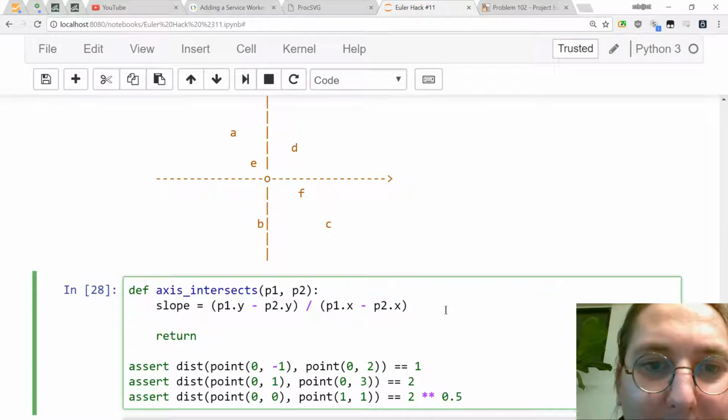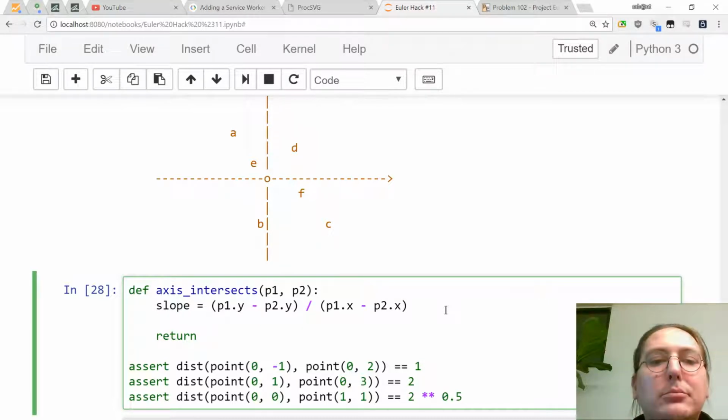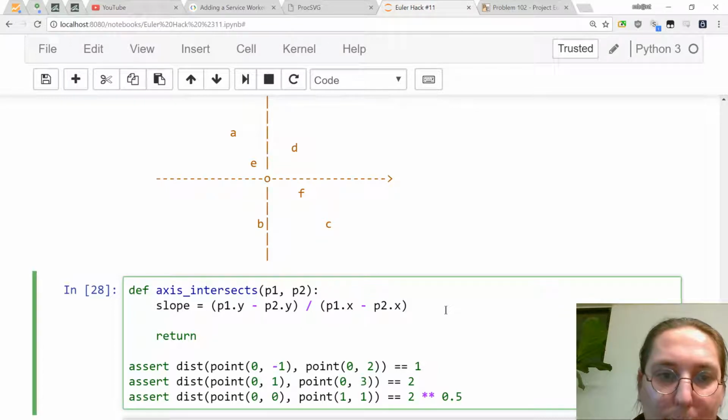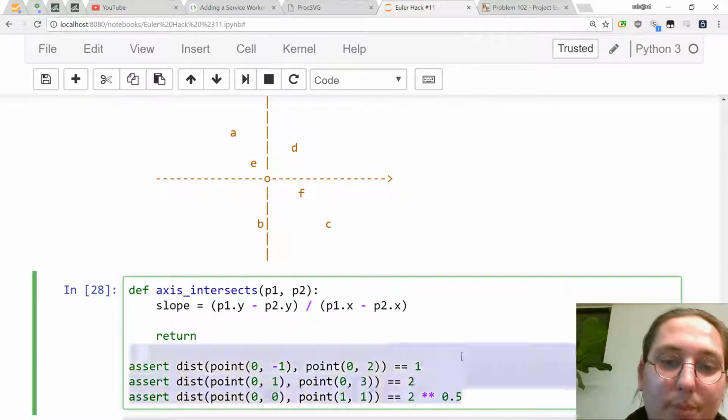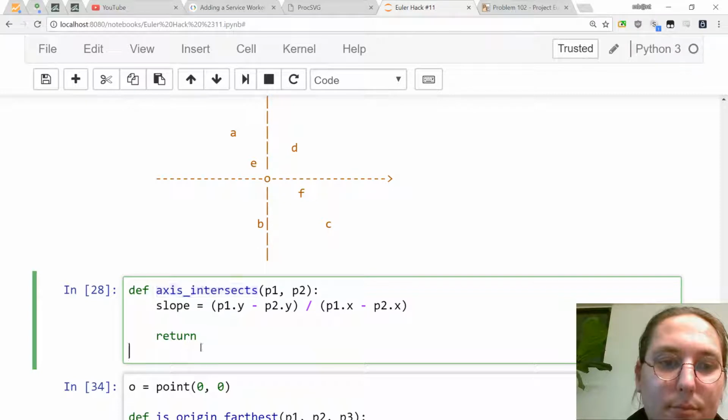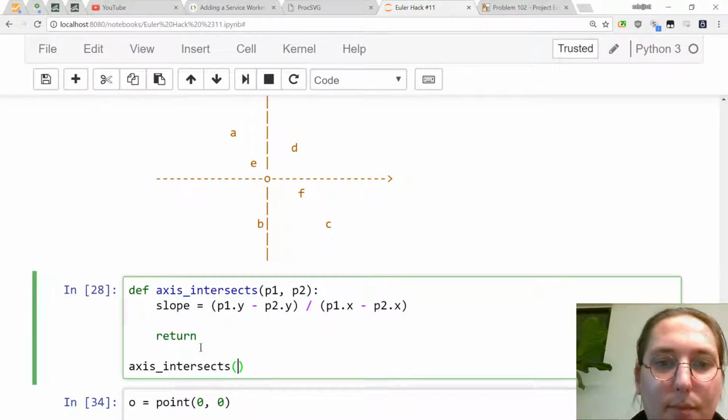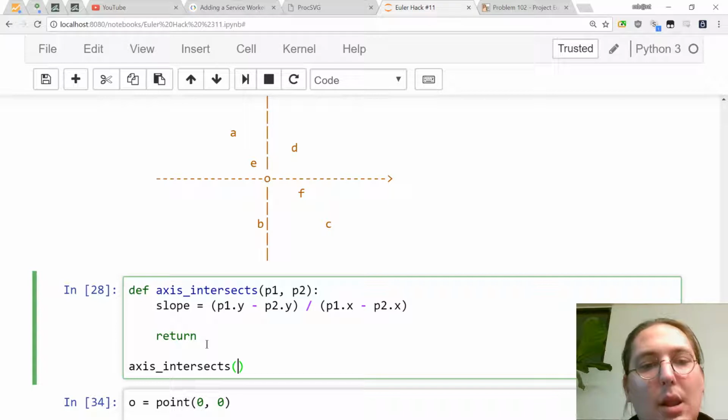So we have a... what is it? How's it called? What's this slope called? I know the name is like pente in French.